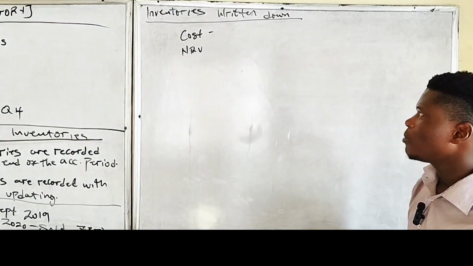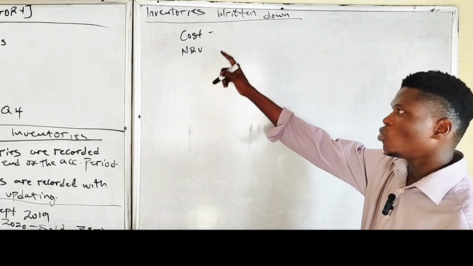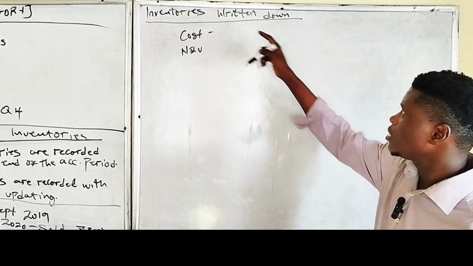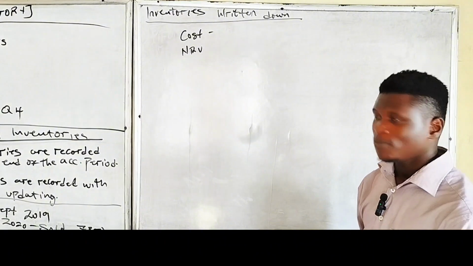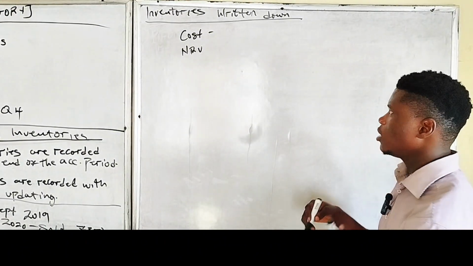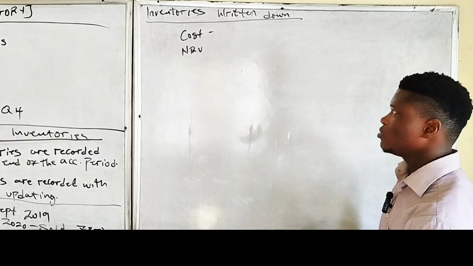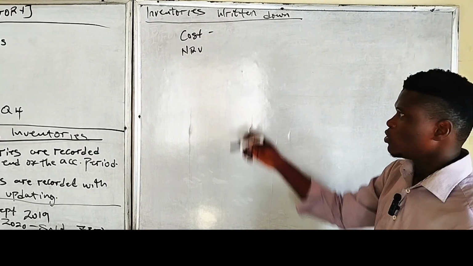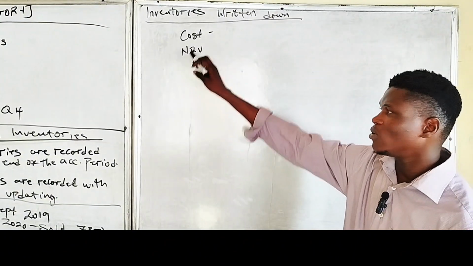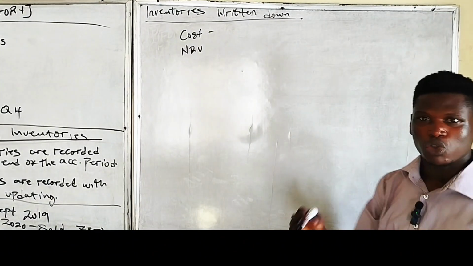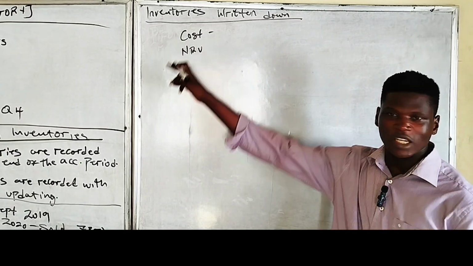But in a case whereby the net realizable value is lower than the cost of an inventory, it means that the inventory has suffered some damage, as a result of obsolescence, deterioration, and also damages. So inventories will now have to be written down. If the net realizable value of an inventory is lower than the cost, the cost should be written down to reflect its net realizable value.